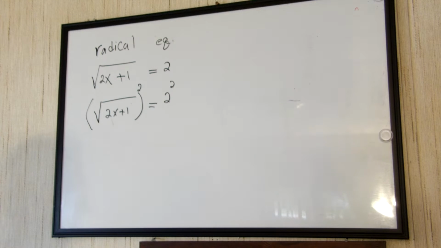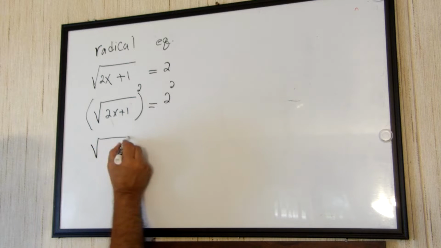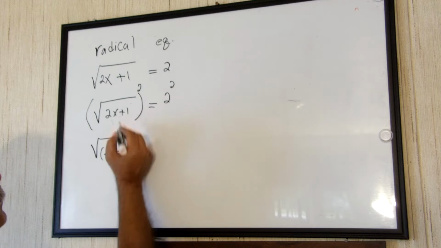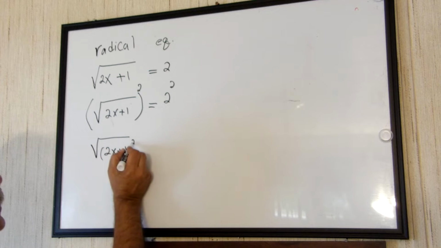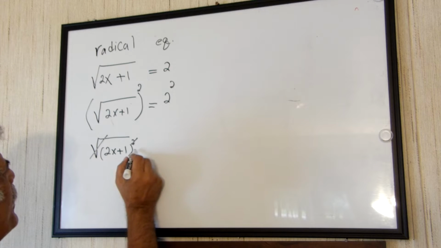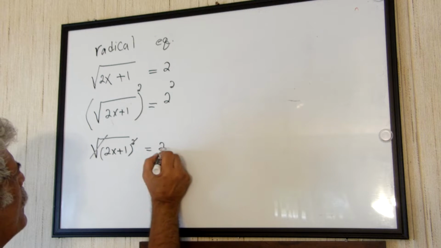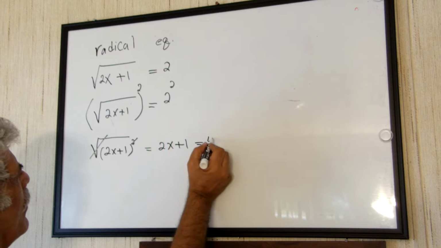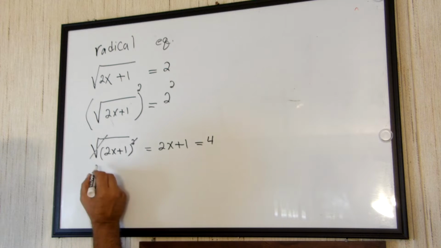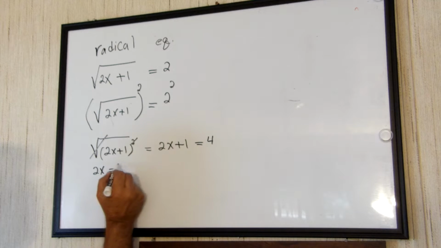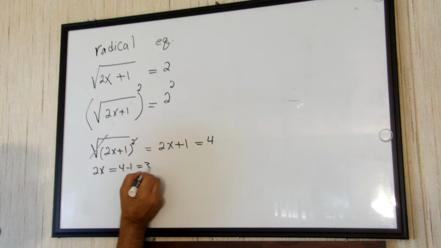Now you can get rid of the radical. This is 2x plus 1 to the power of 2, and the root has the power of 2, so this cancels out, and it's going to be 2x plus 1 equal to 4. To find x, the 1 is going to go to the other side and change its sign, so it's 4 minus 1, which is 3.